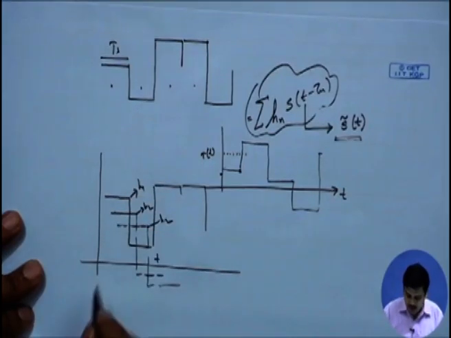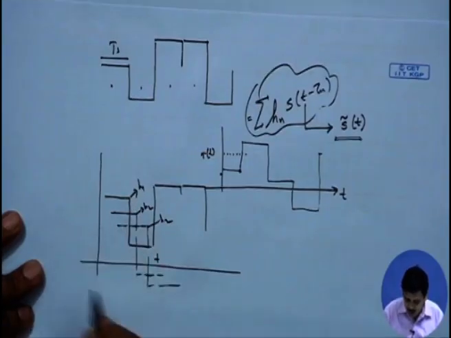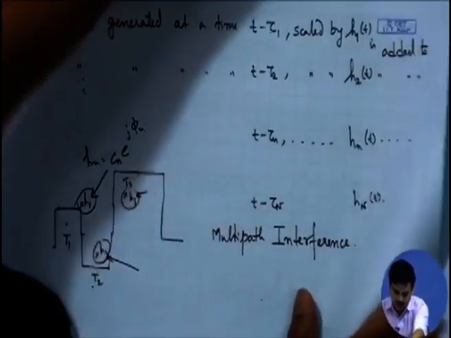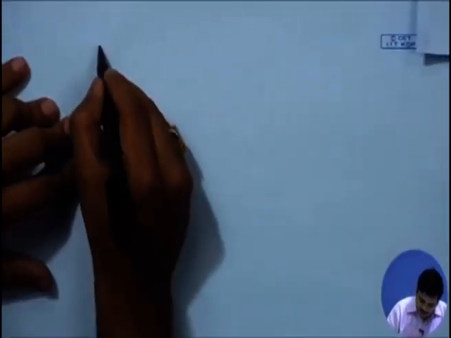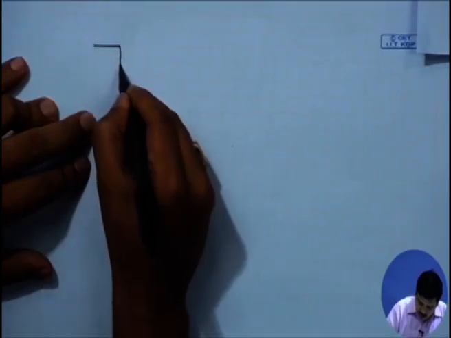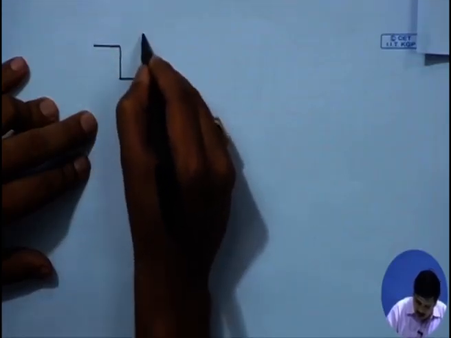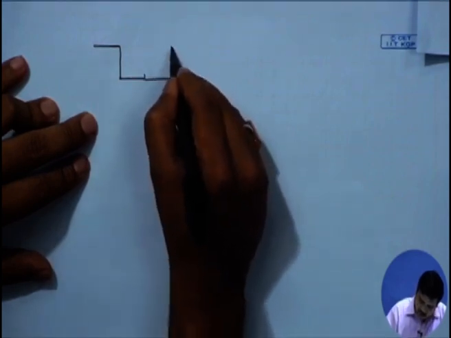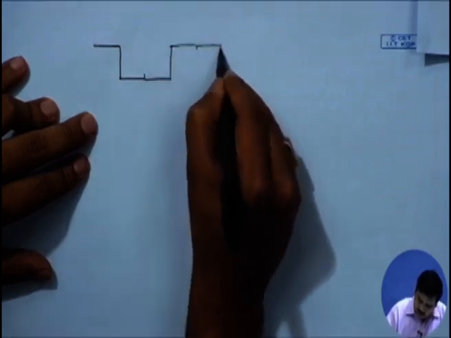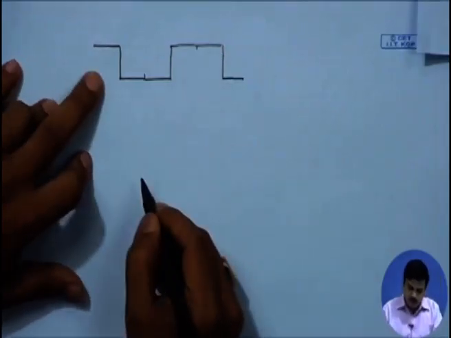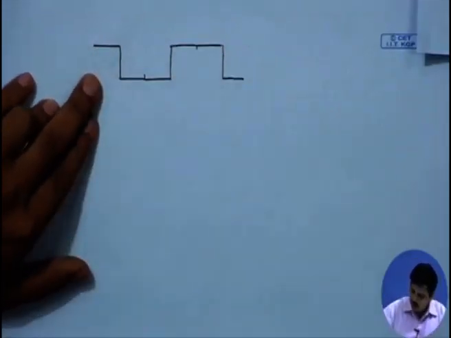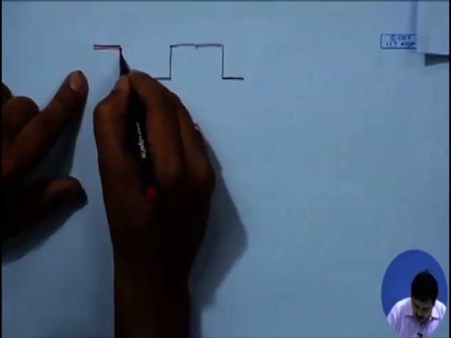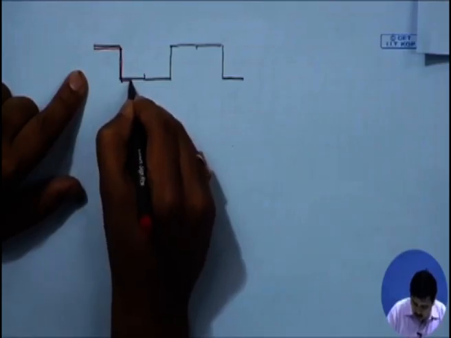What we are now making the assumption is that these delays are so small that they are negligible compared to the symbol duration. In other words, if a transmitted sequence is this, I am drawing a random transmitted sequence which is probably different from the previous transmitted sequence, the delays are so small that the received signal would have hardly much delay amongst the paths.